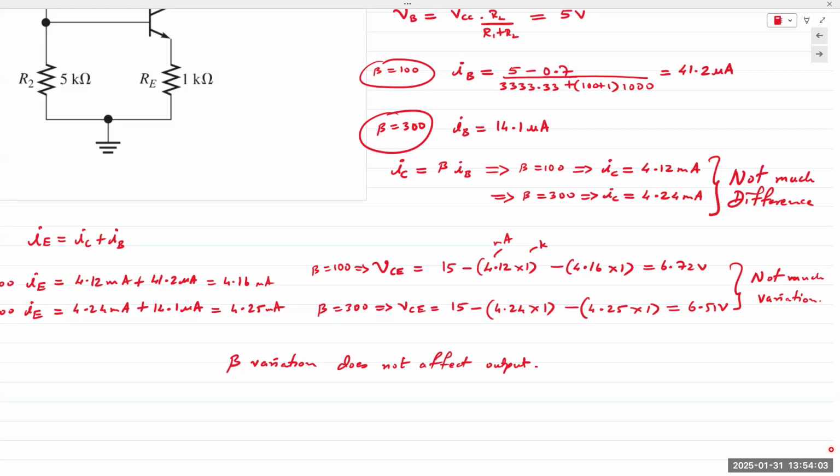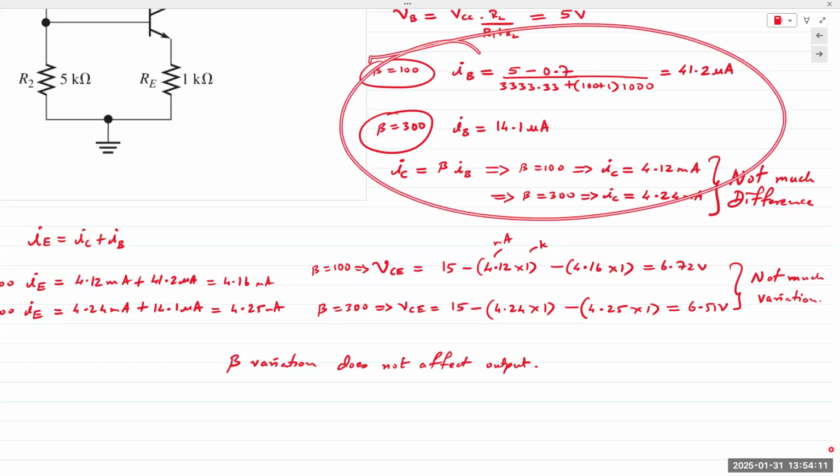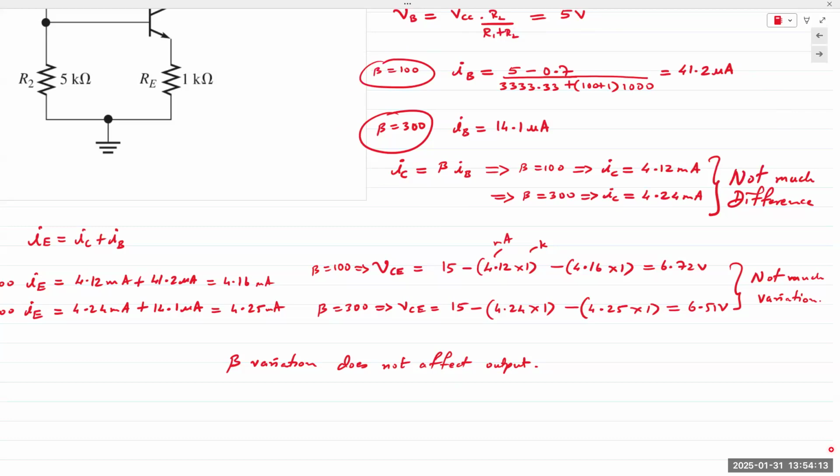But you're not going to have something as far apart as 100 and 300. So if you plug in a beta of even 150, the difference would be even smaller than what is shown here. So the point being, beta variation does not affect the output. Not much anyway.